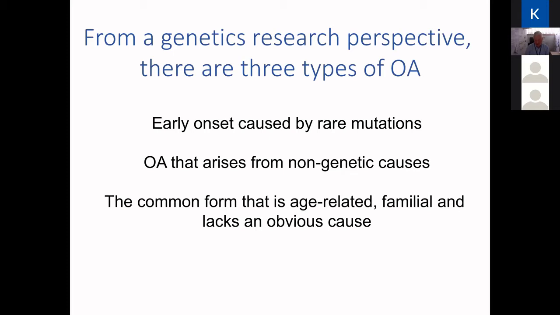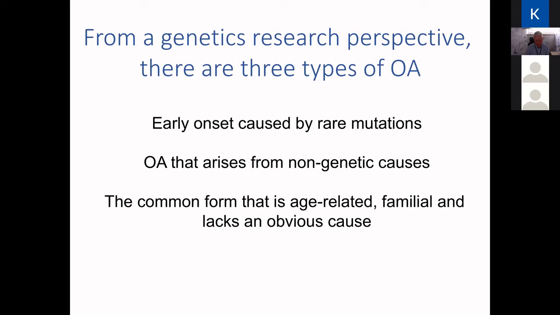These occur in skeletal dysplasias, such as pseudoachondroplasia and multiple epiphyseal dysplasia. These forms of OA are early onset, caused by a mutation that normally has a catastrophic effect on protein function. The other form of osteoarthritis that one could come across are the non-genetic forms.